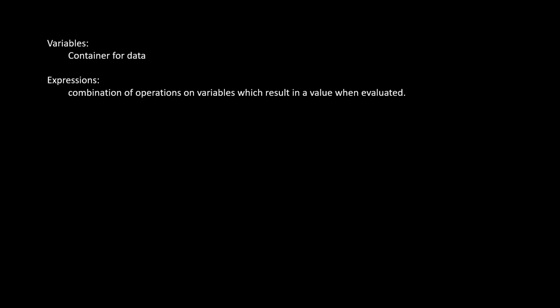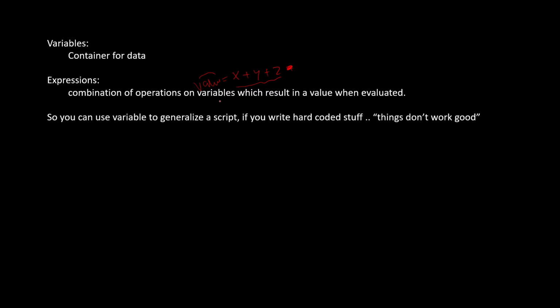We can combine these variables using operators like plus and minus and evaluate some value. For example, variable x plus variable y plus variable z is equal to something, and we save the whole of this in something called value. Then we say this is an expression, and we save this expression result in a variable called value.